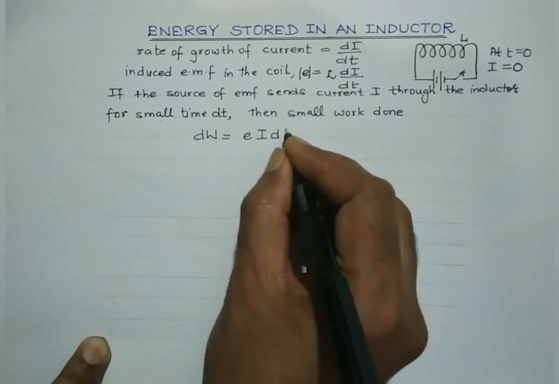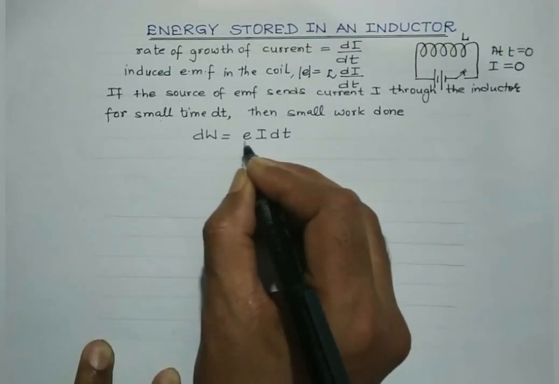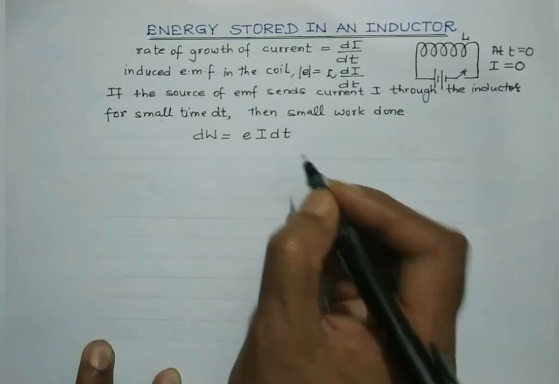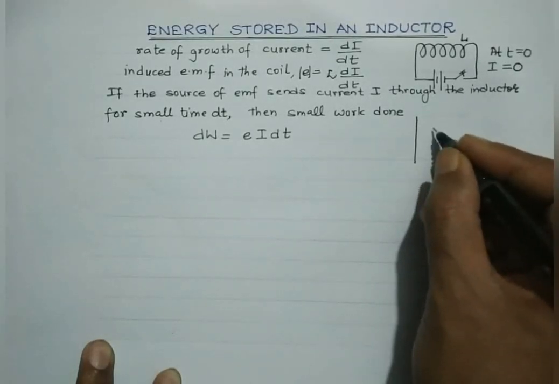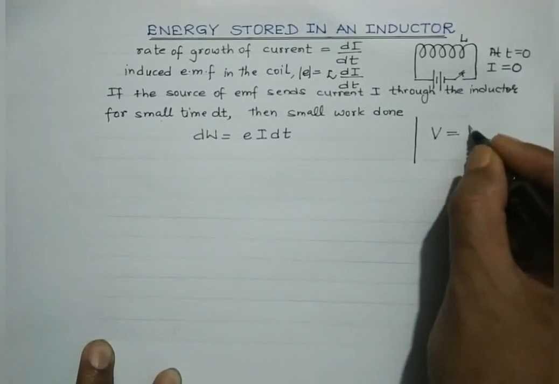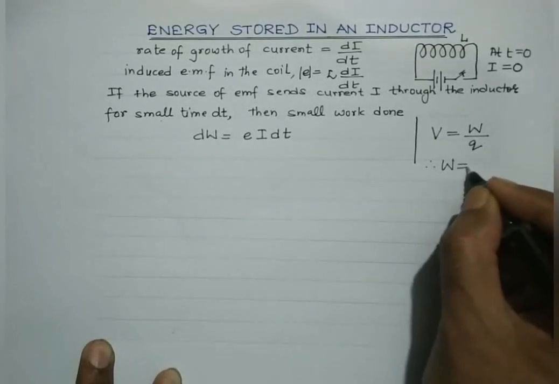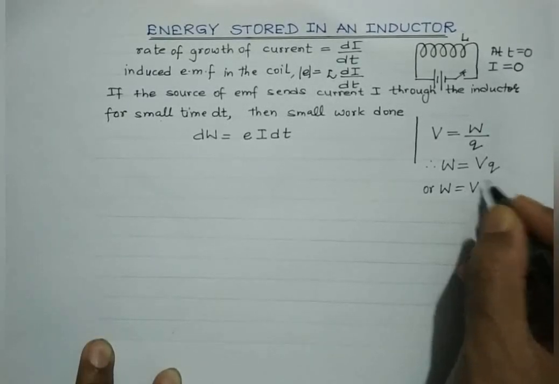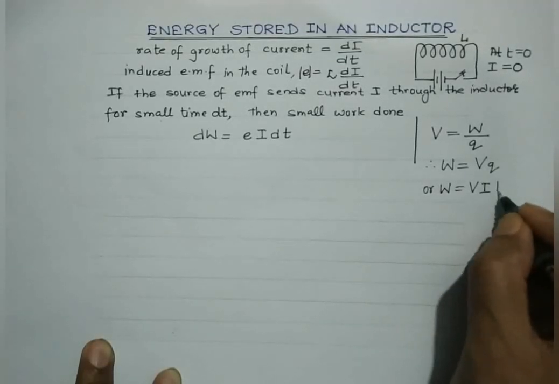EI dt. Now look students, E is the potential difference, which is the induced EMF or the back EMF, I is the current and dt is the small time, right? So where this formula has come from is, we know that the potential difference between 2 points is given by the work done per unit charge. Therefore, work done is equal to V into Q. Current is the rate of flow of charge, so I is Q by t, so Q would be equal to It.